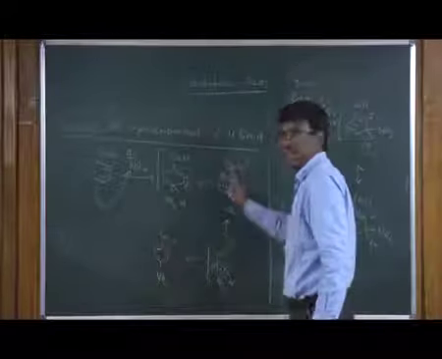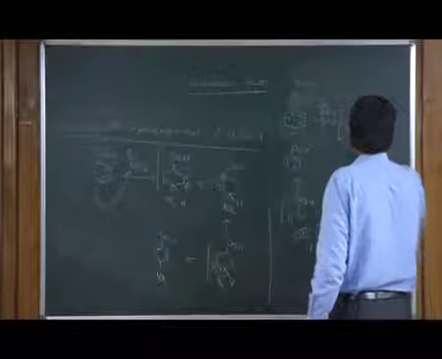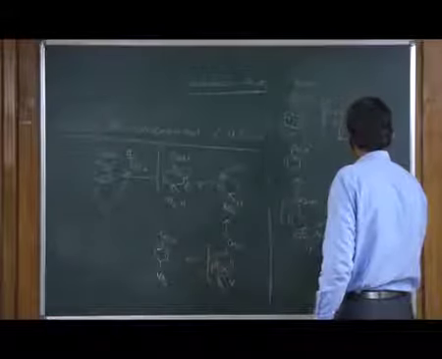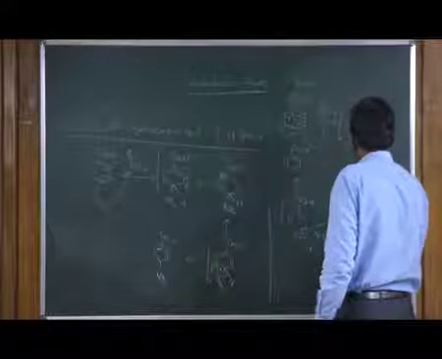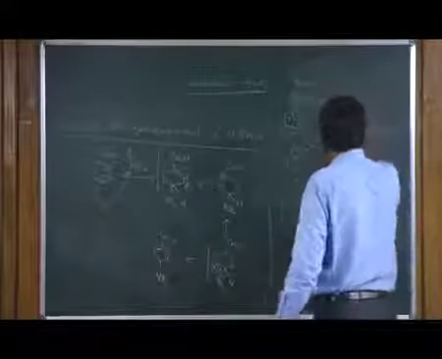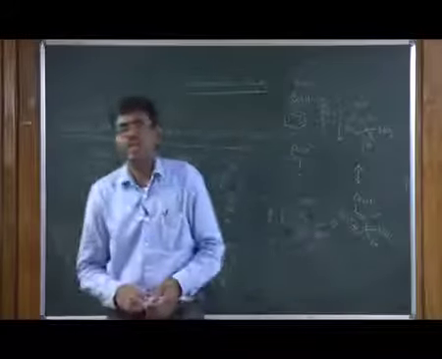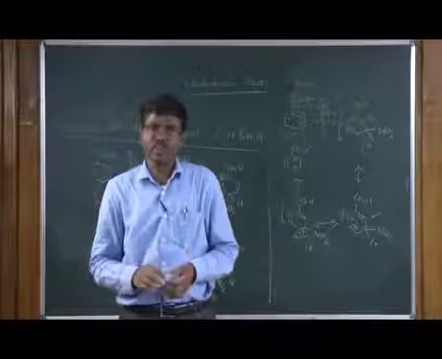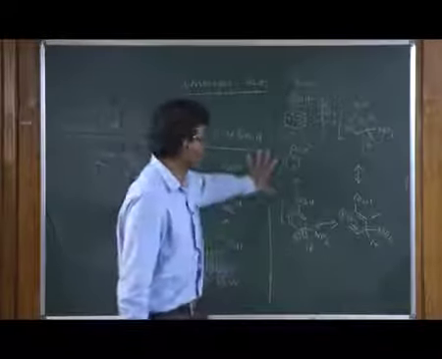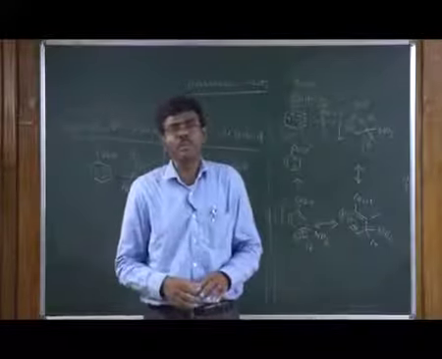On the other hand, if it undergoes reaction at the meta position, this carbon is more electron rich comparatively, therefore this reaction pathway is favored compared to this. This is the reason why, when you have the electron withdrawing group, electrophilic substitution takes place at the meta position, not the para position. This can be understood using these resonance structures. Let me summarize.